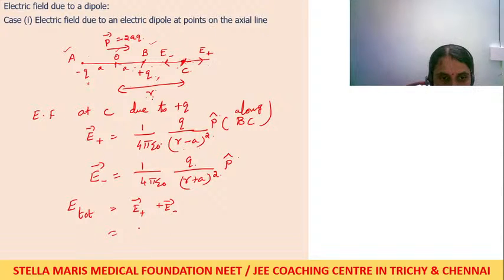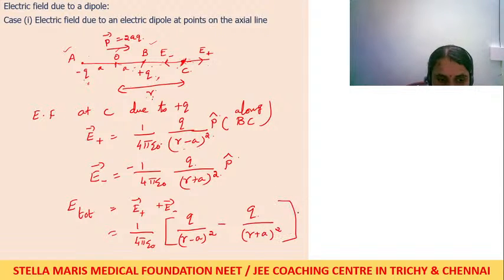In both terms, 1 by 4 pi epsilon naught is a constant value, so take it out. So we can get Q divided by R minus A the whole squared, minus, it will have the minus, because this Q is negative, so minus Q divided by R plus A the whole squared, into P cap.